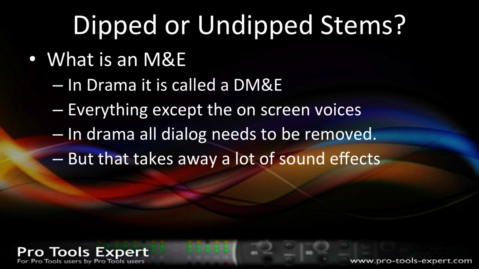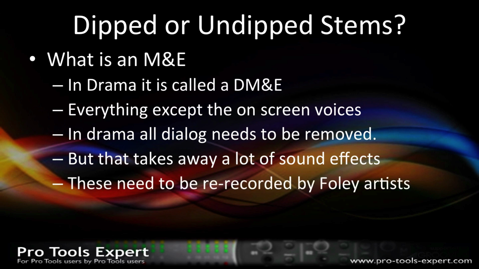So what tends to happen is that in a drama, you go to a Foley studio and they re-record all the on-screen sound effects: the footsteps, the doors, the cloth movements of the clothes, and any spot effects, which would be like my potato peeling. And you have a Foley track.